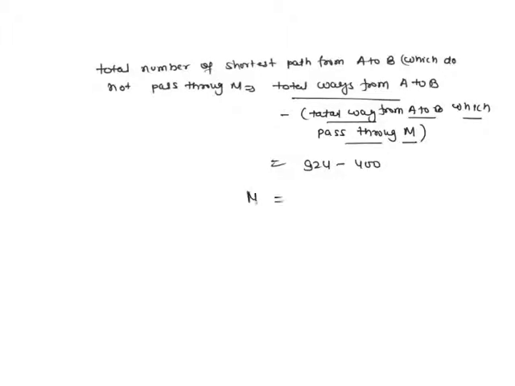So N equals 924 minus 400, that will come 524.